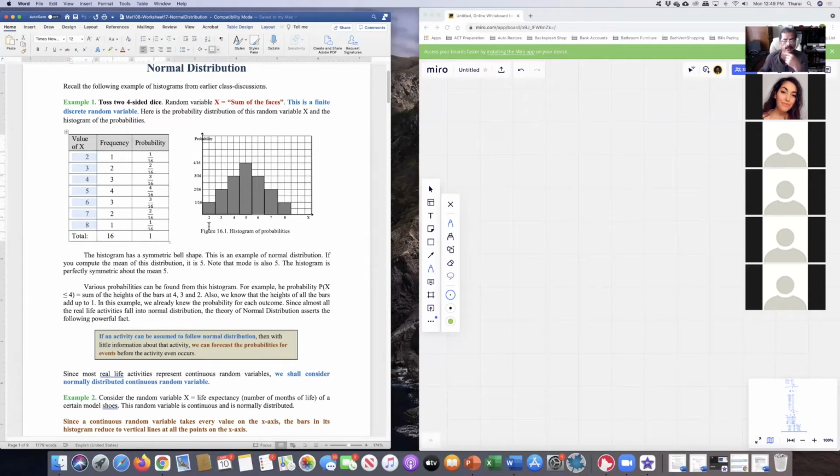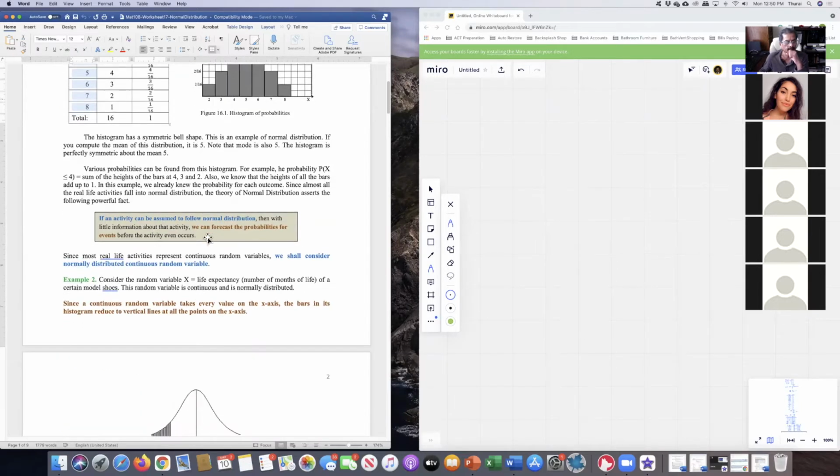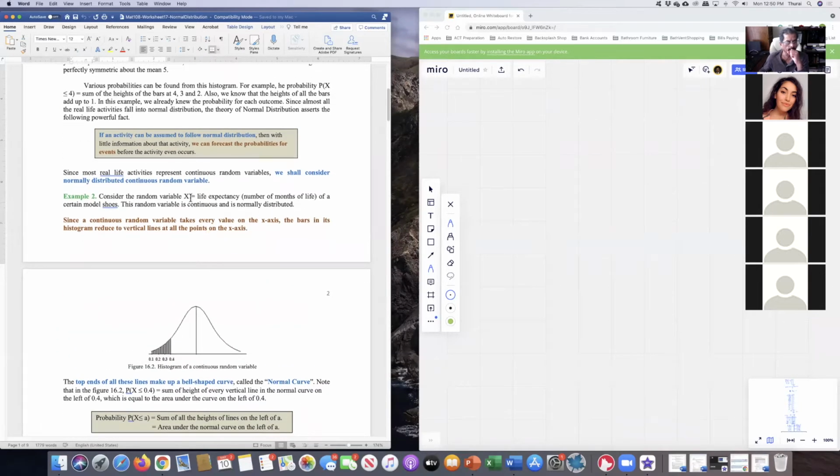But if it is continuous, then what happens? The values are not going to be like 2, 3, and 4. The values are going to be 0.1, 0.2, 0.3, every little number, even 0.15 is going to be there. So for each one of those numbers, we're going to get a bar. So let's look at this random variable, life expectancy of a shoe.